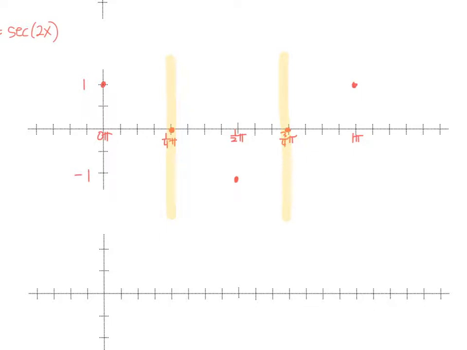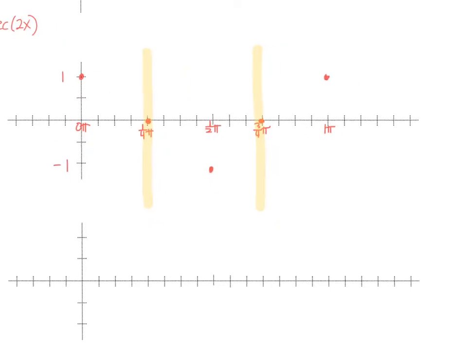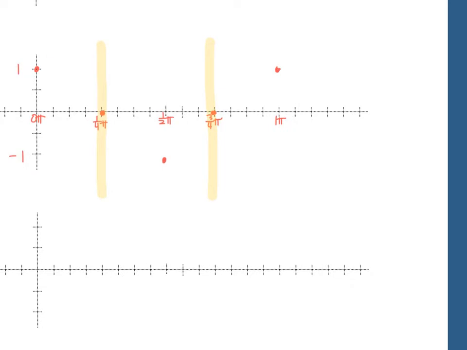I'd like you to have at least 3 asymptotes drawn, so you'll have to add another one on there. So you just keep following the pattern. We need another dot, spaced 4 units apart, and so my next asymptote would be out at the end.